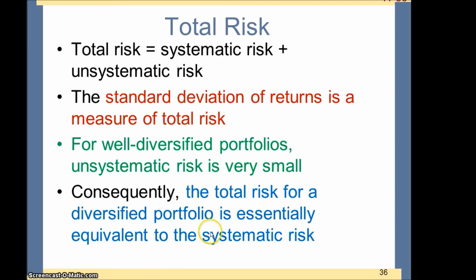So the total risk for a diversified portfolio is essentially equal to systematic risk. Why? Because unsystematic risk for a diversified portfolio is very, very small. So the only type of risk left in a portfolio is systematic risk, which is undiversifiable.